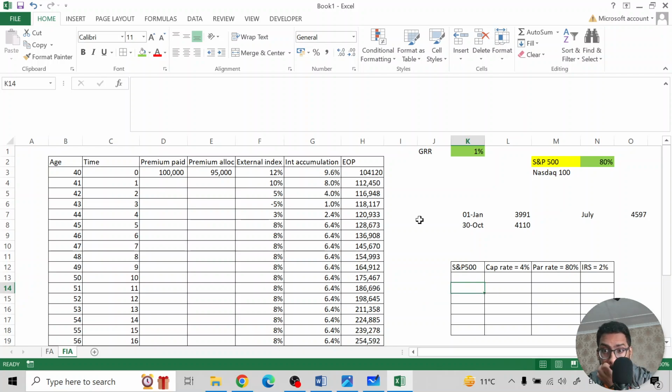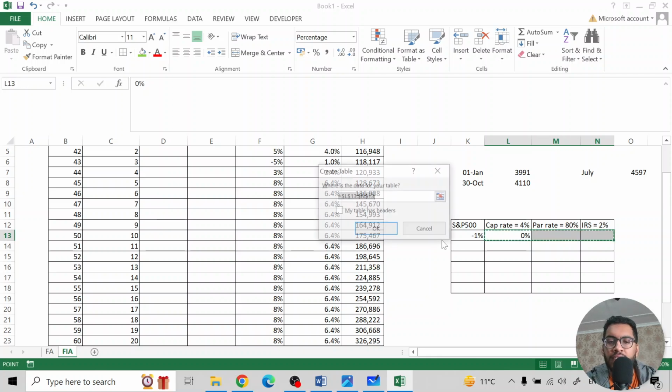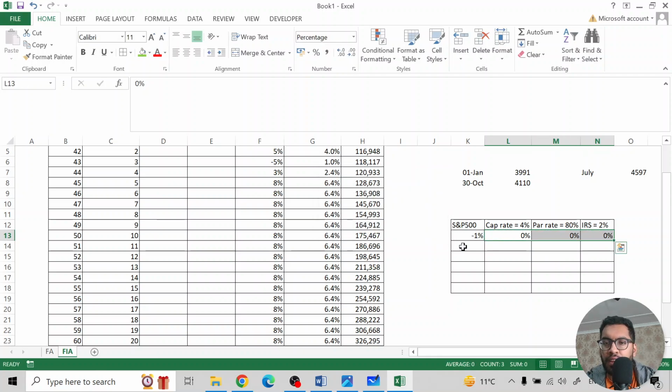Now let's see what will happen. If the return generated by the S&P 500 is minus 1%, what will happen in this case? You are going to get a 0% return as the interest credited. If the return generated by the S&P 500 is 0%, same thing, doesn't matter.